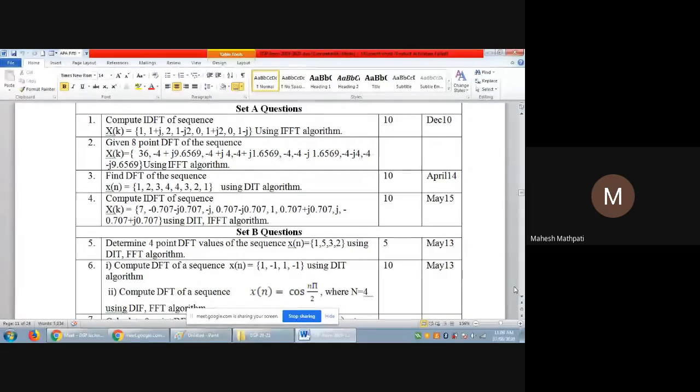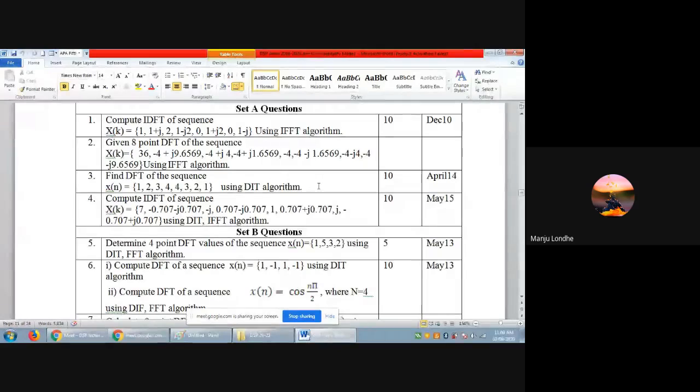Then find the DFT of the sequence. So here, what is this? Can anyone tell me? Let me ask somebody, roll number 39 is there? 41?